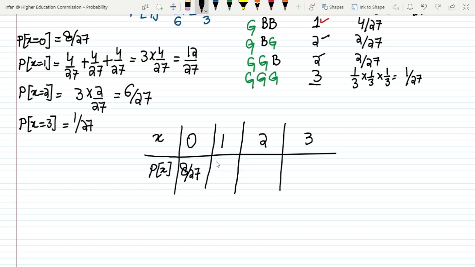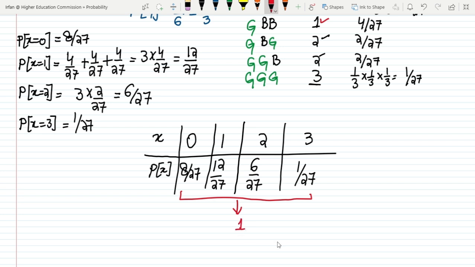For 1 I will have 12 by 27. For 2 I have 6 by 27, and for 3 I have 1 by 27. When you add them all, you can very clearly see that it will give an output equal to 1, which is the basic condition for a probability distribution, that when you add all the probabilities, it must give you the answer equal to 1.